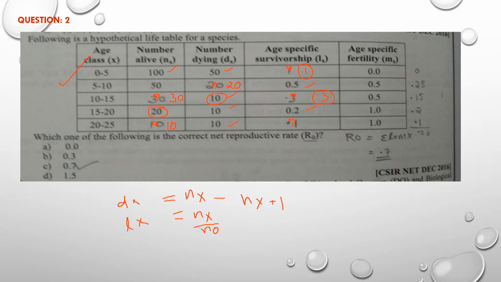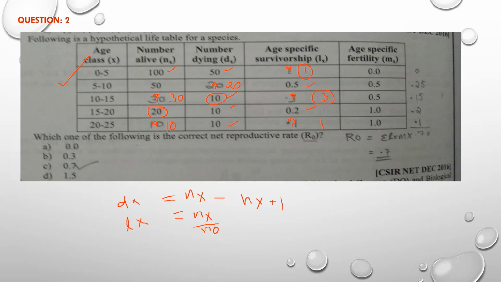Next is 15 to 20. That is given. There is no need to calculate that. And the next is 20 to 25 age class. For that Nx is 10. So 10 by N0 100, that is 0.1.